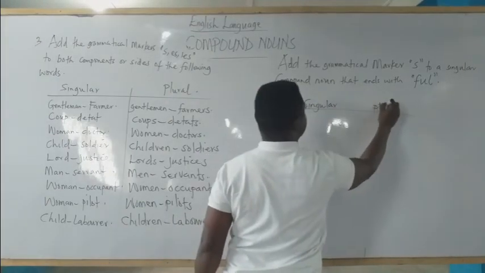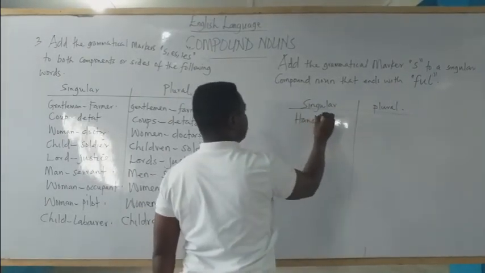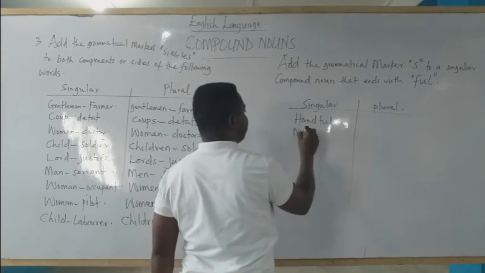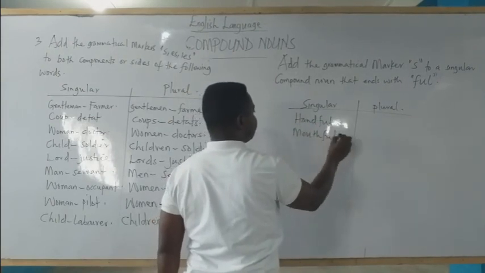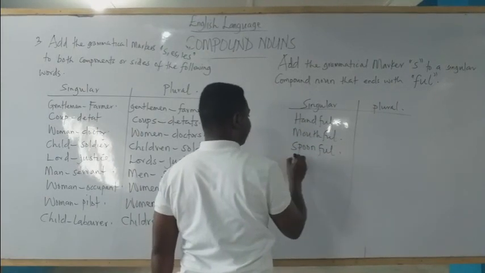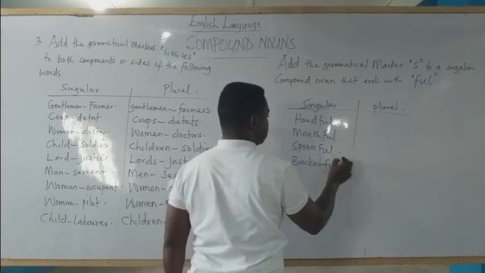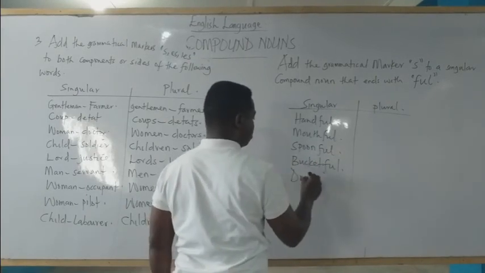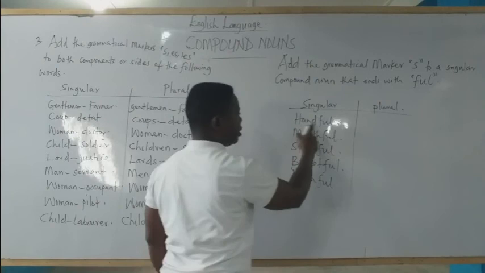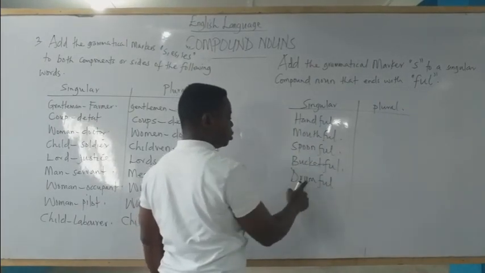Example, so let's have our table again. Singular, plural. In the singular form we have what? Handful, mouthful, spoonful, bucketful, drumful.